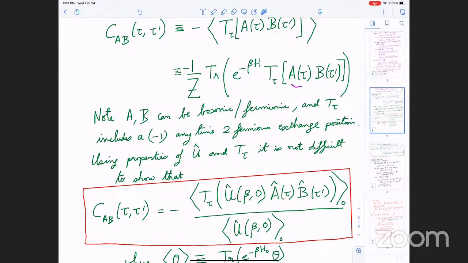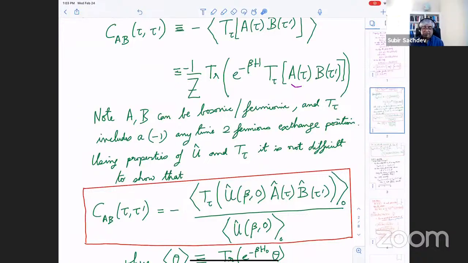Well, I guess just physically, why are we evaluating things at the same time? Why are we not allowing evolution from one time to the next that is not periodic? Well, this is all in imaginary time.